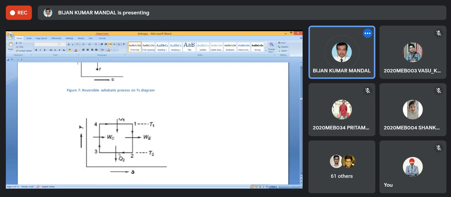Now we'll show a Carnot cycle on the TS diagram. If you remember, a Carnot cycle consists of two reversible adiabatic processes and two reversible isothermal processes. During the isothermal processes, at the higher temperature heat is added, and at the lower temperature heat is rejected. It's T1 and T2.